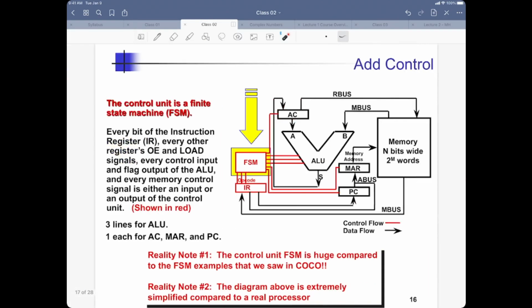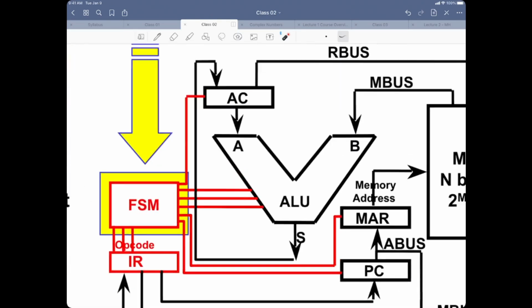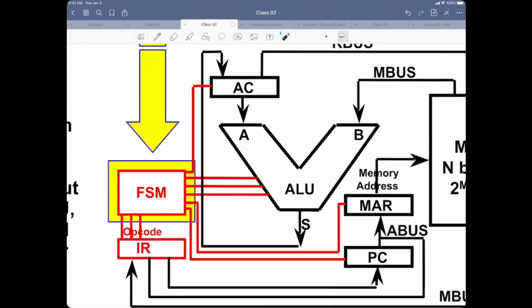You're going to add control. You see this? We have added that FSM over here. And all the red lines that are marked, those are our control lines. Looking at the opcode over here, sending the operation lines to the ALU: perform addition, perform logical OR, do the branch, and all that.